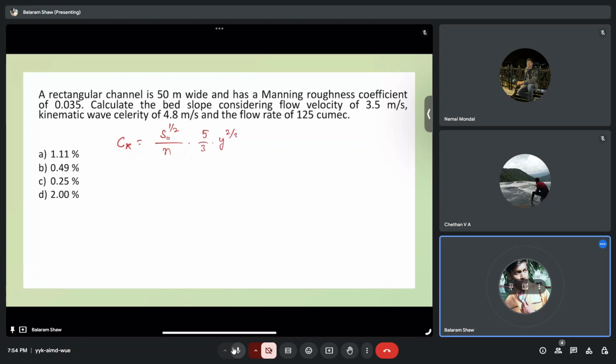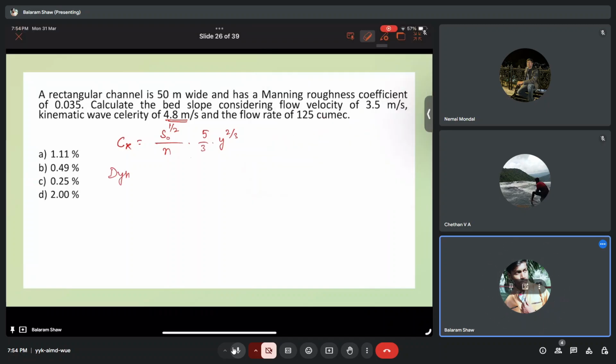Now you see the kinematic wave celerity is given, it is 4.8 meter per second. Also we have the depth of flow, this y, which we need to find out first, right?